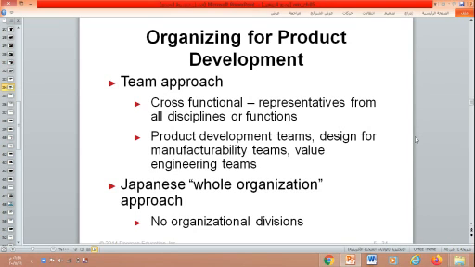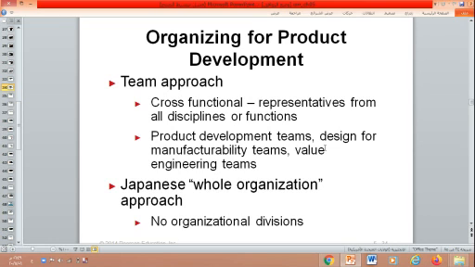Or what we call the use of teams within the organization, such as having within the organization product development teams, design for manufacturability teams, and value engineering teams. So there are cross-functional representatives from all disciplines or functions.